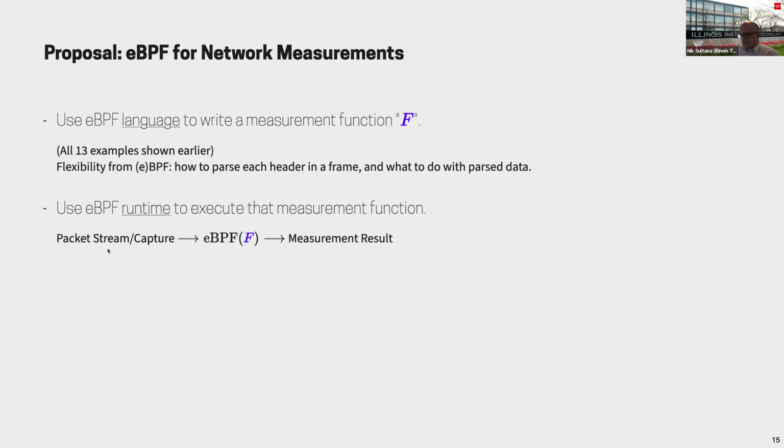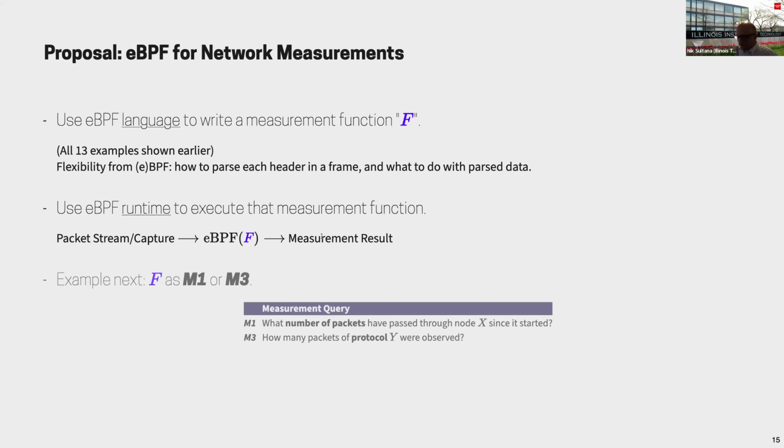So what we have is a packet stream, and then we have a function run by eBPF, and then we get some measurement result. I'll give you next an example of two of the measurements from the table that came earlier. One is basically a count of packets. This is as simple as it gets. And the next is a count of packets that's sensitive to parsing, looking for a particular protocol.